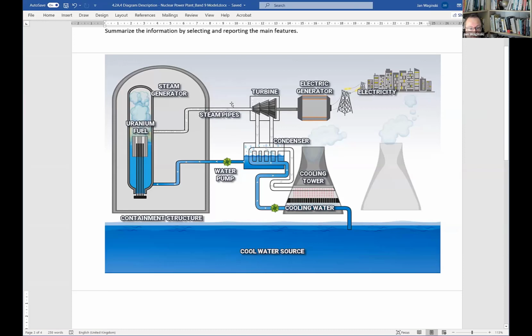So this could be a big windmill connected here to the turbine. It could be water falling down, like when we have hydroelectric power. If you had a coal-fired power plant, it would just be coal here instead of uranium, right? So the only thing that is ever different in a power plant is the fuel.